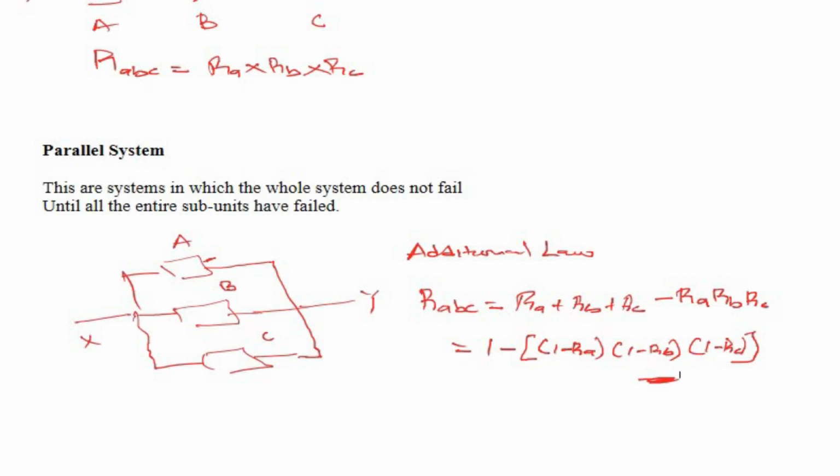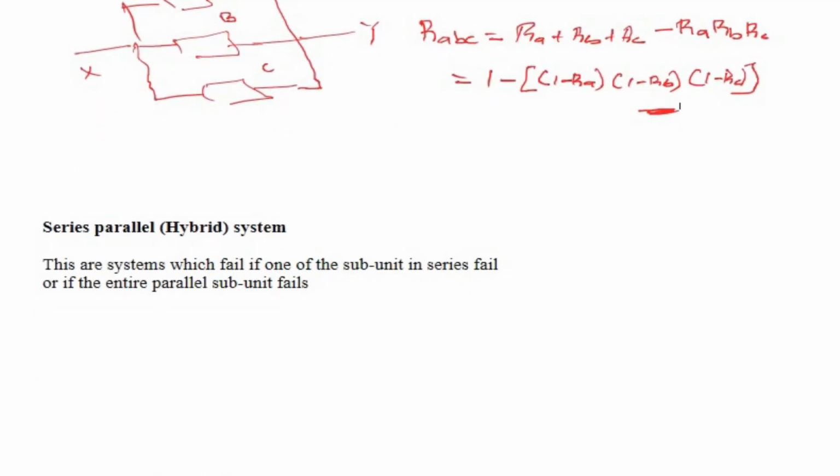So now let's move to the last system that we're having here, the series parallel or parallel series system, which is also known as the hybrid, since it is a combination of series and parallel systems. These are systems which fail if one of the subunits in the series fails, or if the entire parallel subunit fails.